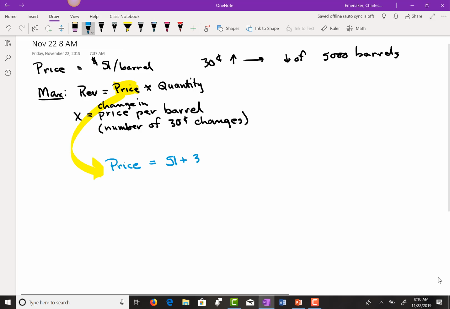It's going to be 30X, where X is the number of times we're going to change the price by 30 cents.